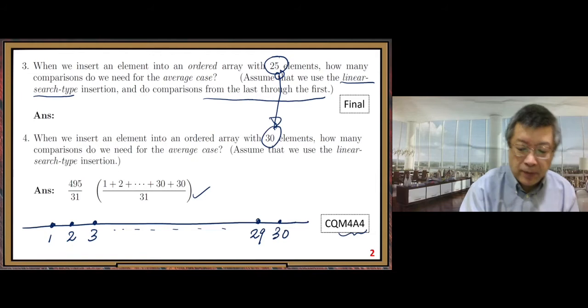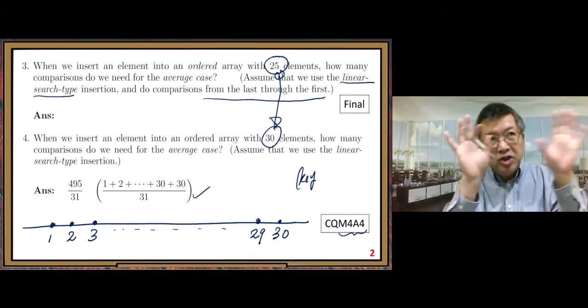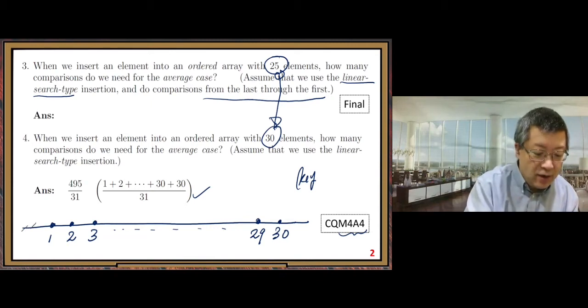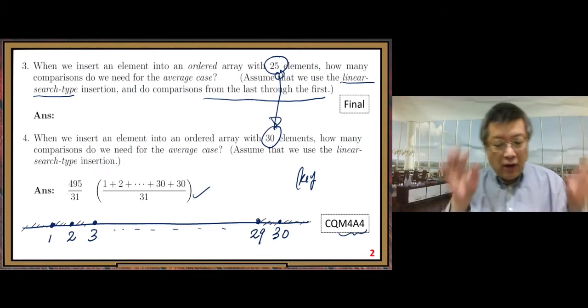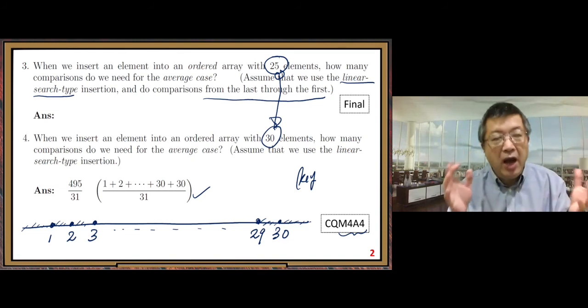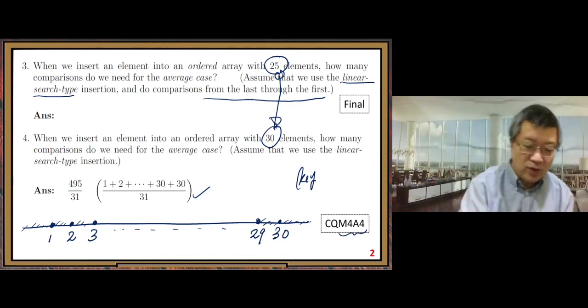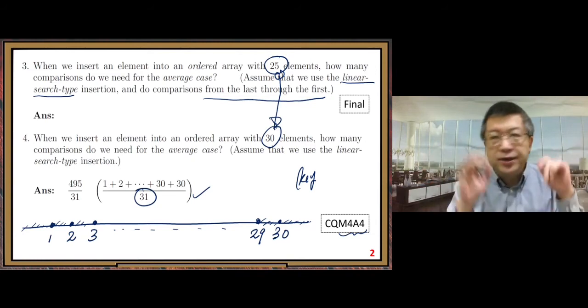When you do insertion, given a key, the possible cases: you have 31 slots, all separated by these 30 elements. That's 31 different cases, so that's why our denominator is 31.